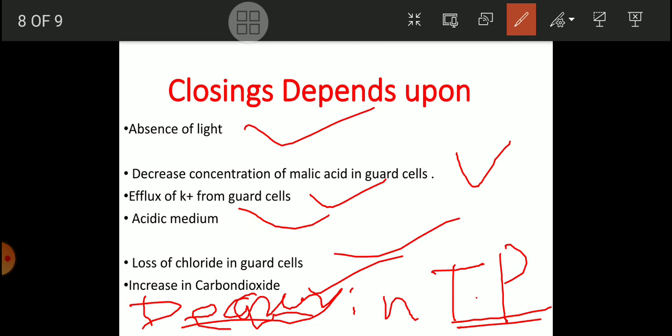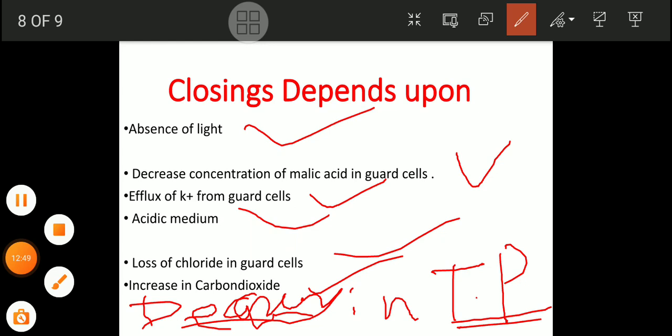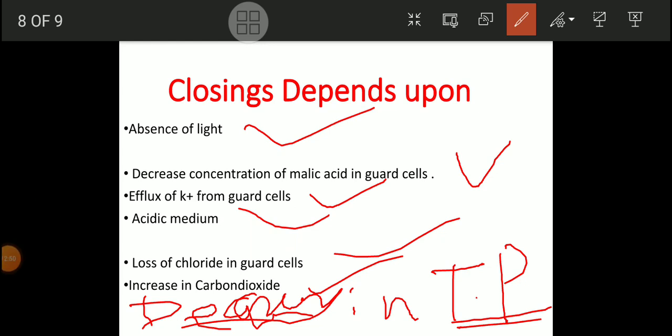And that rigidness helps to tolerate the turgor pressure. So here I have given you an idea about how active K plus ion transport opens the stomata and closes the stomata, isn't it?